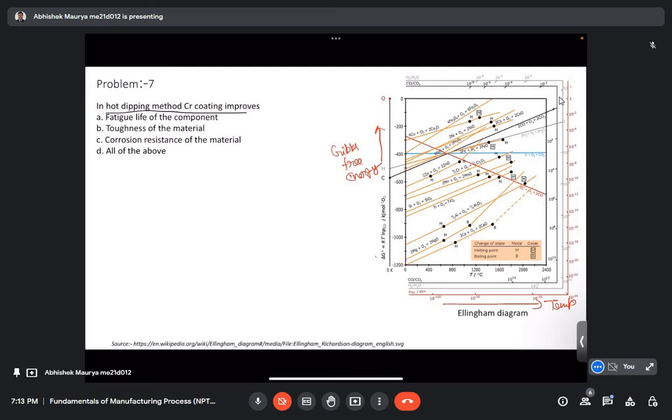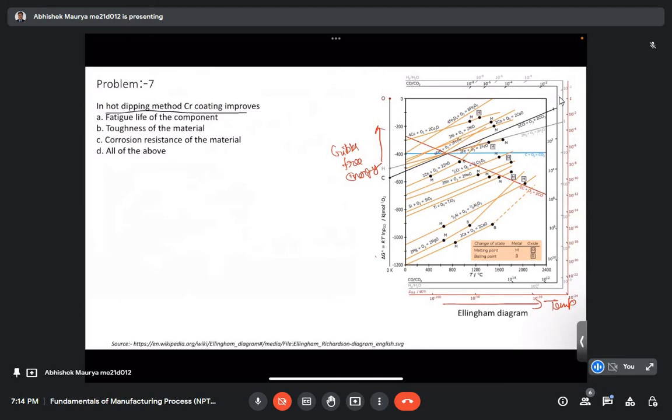What is shown in the plot is the oxidation tendency, or reaction with oxygen, for different materials listed here, at different temperatures. We are trying to see the Gibbs free energy of the reaction during the oxidation of that component.